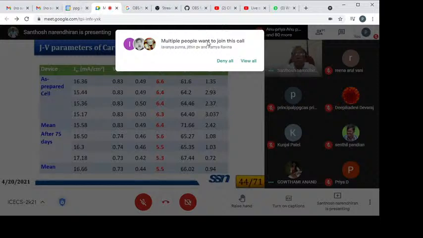So this one slide tells you, as prepared cell, the efficiency different from the earlier case. This is the perovskite precursor. It is yellow in color when you put the solution, and when you heat it on the hot plate, it becomes black, like this.